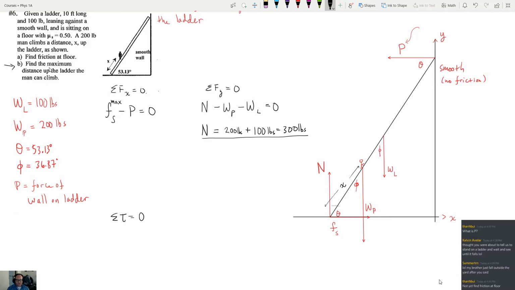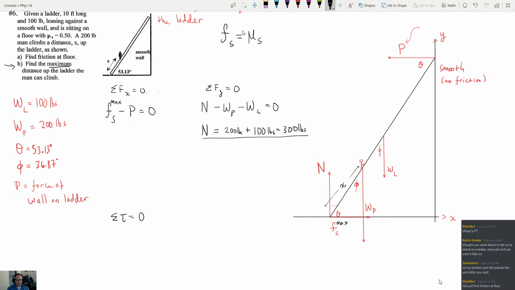So if we wanted to find the maximum distance he can climb, that's going to occur when the friction force reaches its maximum value. And if you remember our definition of the static friction force, I don't think we've done any problems with static friction yet, have we? Maybe we have, I don't know.